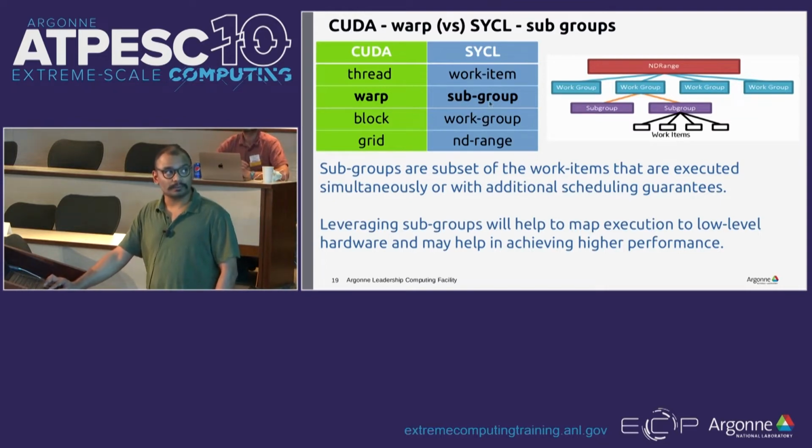So a subgroup is nothing but a warp, and a subgroup is a collection of work items, a small subset of the collection of work items. You can see from this chart. So a subgroup is just a part of the collection of work items. If you have warp primitives in CUDA, you can easily find subgroup primitives as well.